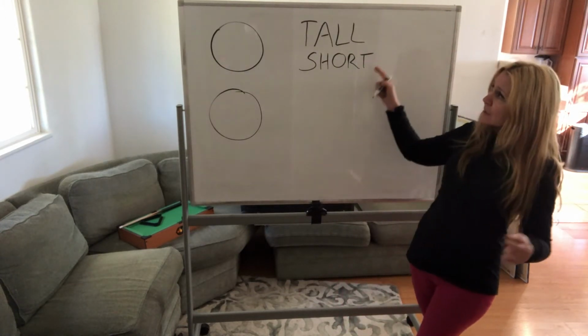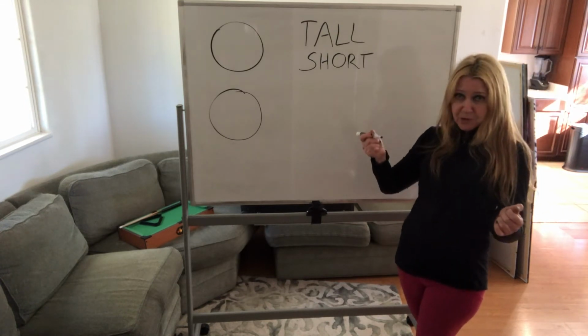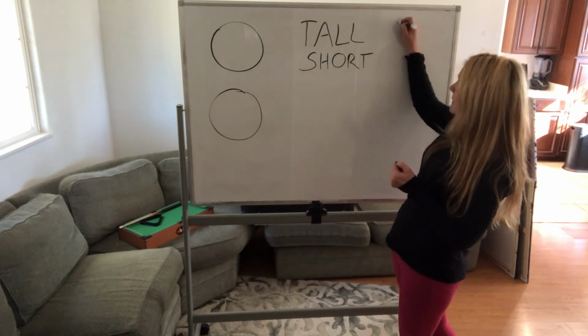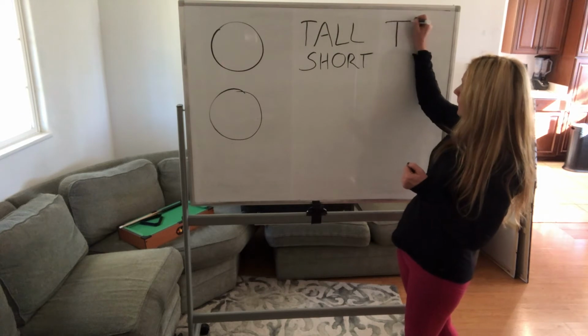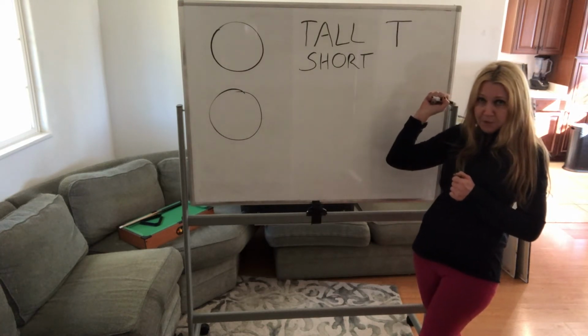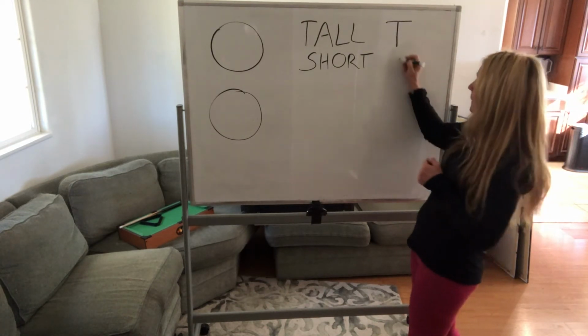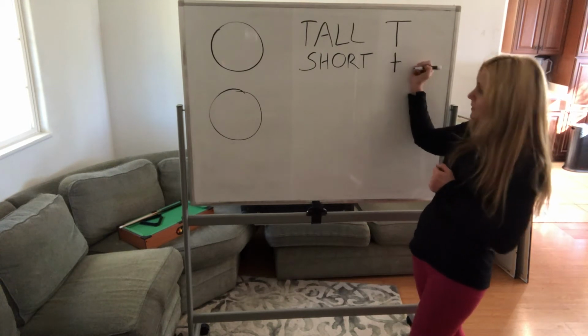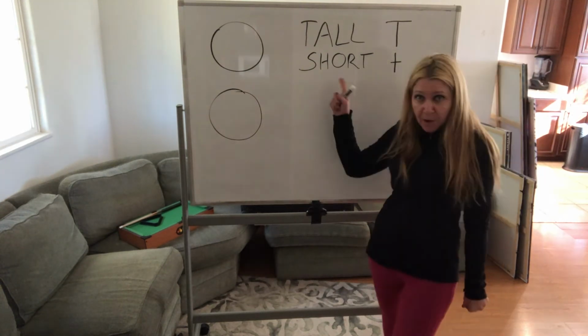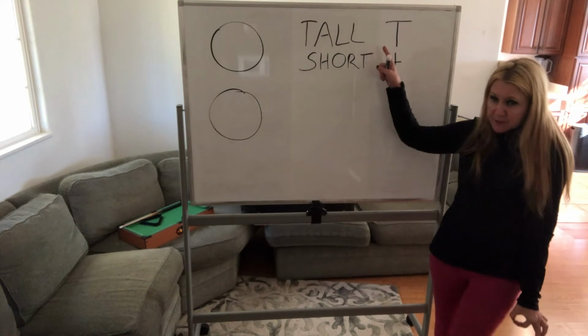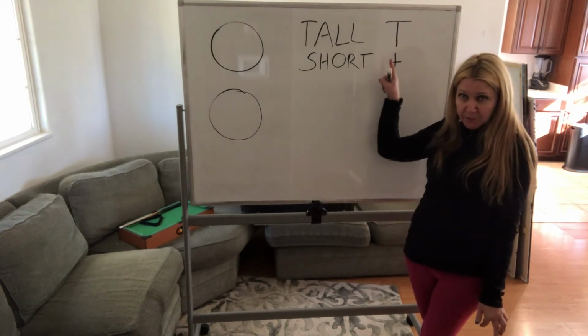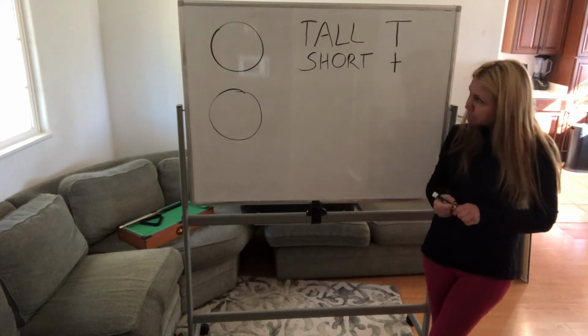To indicate genes, we're going to use letters. Big T indicates tall. That's a tall gene. Little t, lowercase t, is going to indicate the short gene.